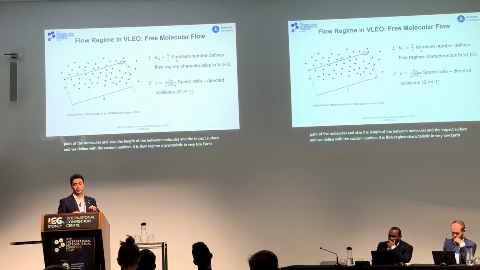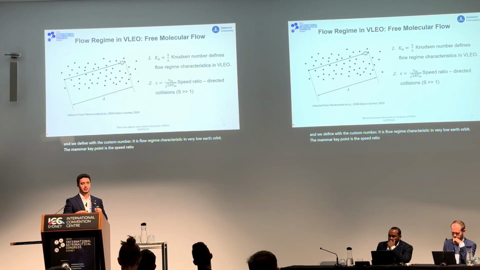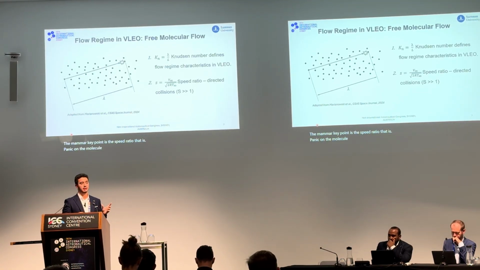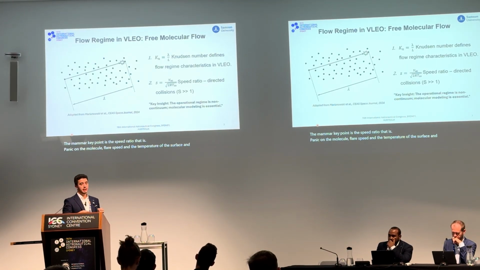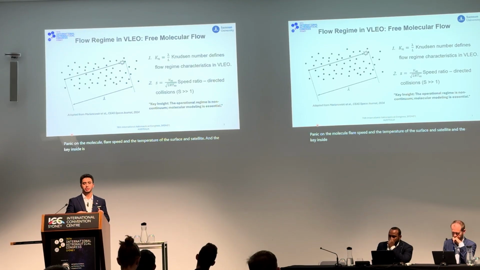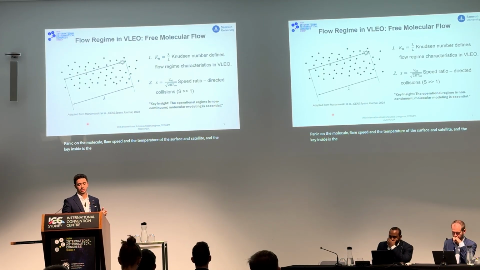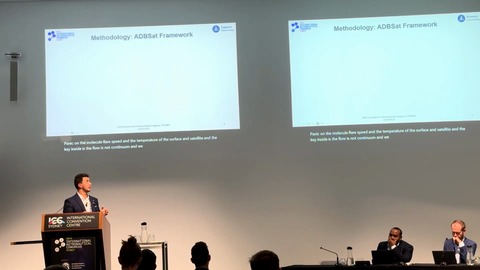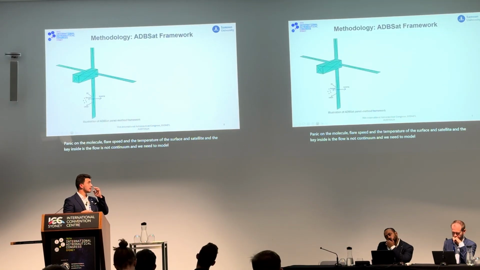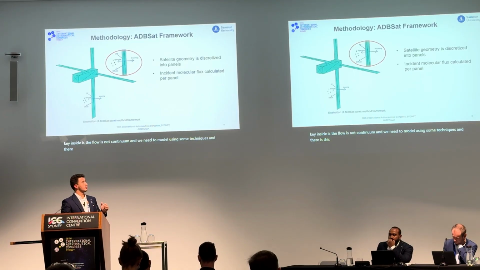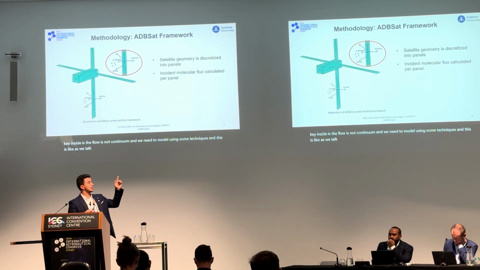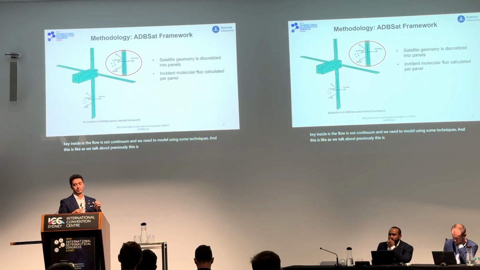The other key point is the speed ratio, which depends on the molecular speed and the temperature of the surface and satellite. The key insight is that the flow is not continuum, and we need to model it using special techniques. These are the reflection types we modeled.